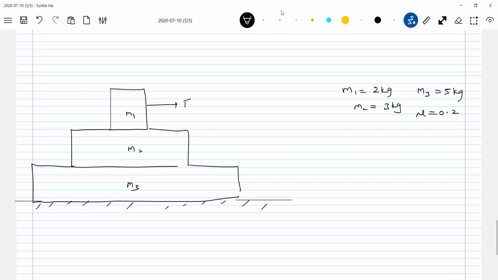I applied a force F1 equal to say 2 Newton, F2 equal to 6 Newton. This is rough, and this is rough. We have to calculate acceleration of blocks and the friction acting at all surfaces. Here I brought 2 forces. Don't think that only one force will be there. Even I can apply force on all 3 blocks. First calculate limiting frictions, then assume one situation and carry on.